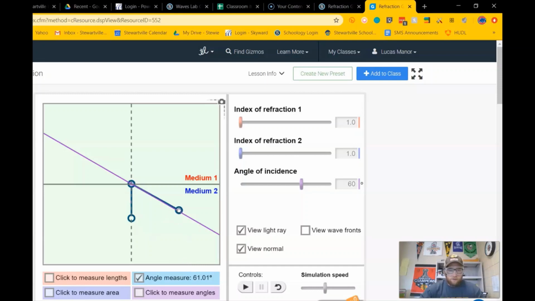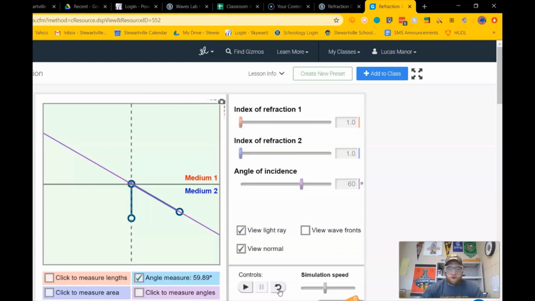We end up with an angle measure of 59.89, which will round up to 60 degrees. So our angle of refraction for number 1 is 60 degrees. Well, our original angle of incidence was 60 degrees, so there's no change, or 0 degrees.